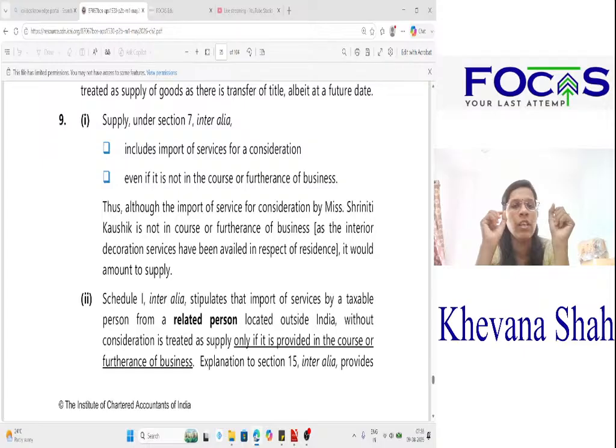Thus, although the import of service for consideration by Miss Srinidhi Kaushik is not in the course or furtherance of business, as the interior decoration services have been availed in respect of residence, it would still amount to supply.